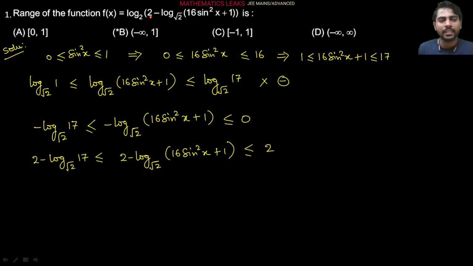Now we can see this argument, 2 minus log base root 2 of (16 sin²x plus 1), has logarithm base 2. So we are just going to take logarithm base 2 on every side of this inequality.